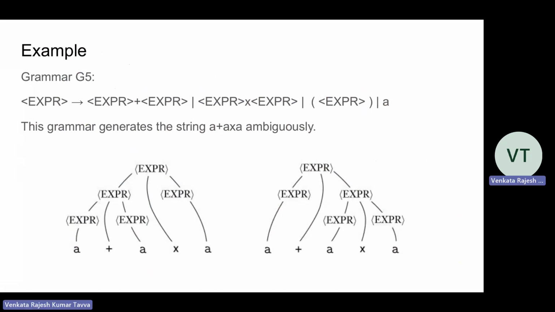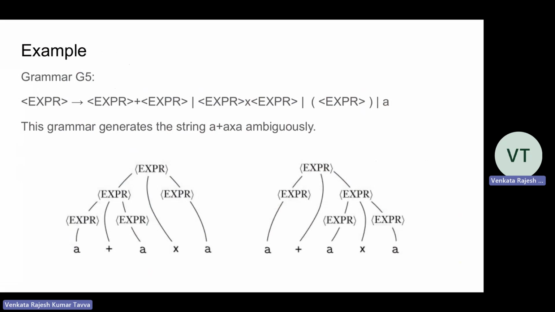These are 2 different parse trees. In that parse tree, which operation is given higher precedence? Addition. Plus is given a higher precedence. You see, that expression subtree is 1 unit. So addition is performed first, and then multiplication is performed. In this tree, multiplication is given higher precedence.